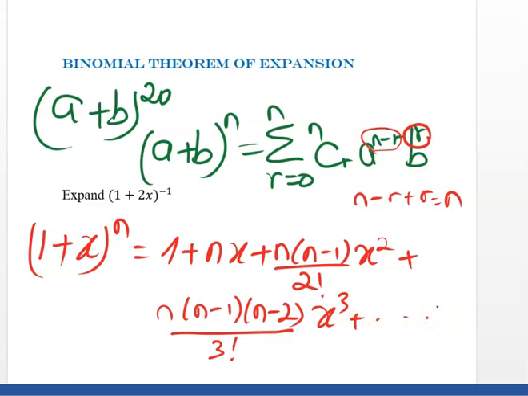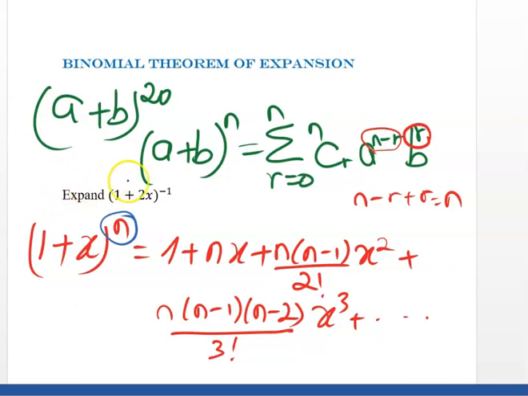You see that for x cubed you have 3 factors of n, and so on. That is what we use if the power n is a fraction or negative.